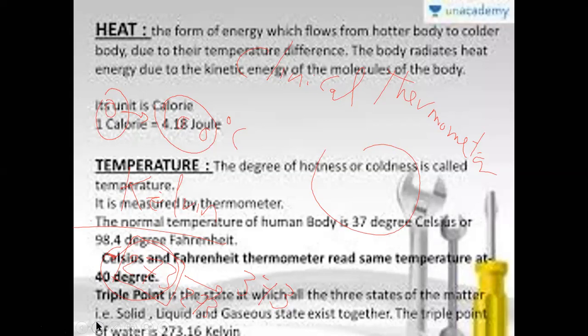You are heating your body, adding more heat to the body, meaning you are letting the particles move faster and faster, and then you are increasing the temperature. So temperature is a result of adding heat, meaning adding energy, to the body. It will be counted as temperature.